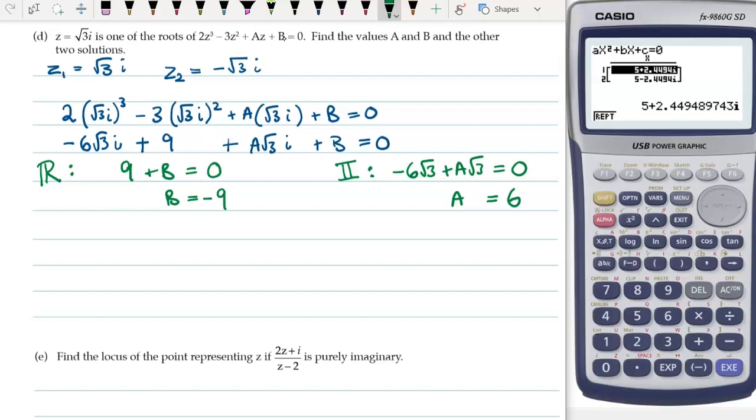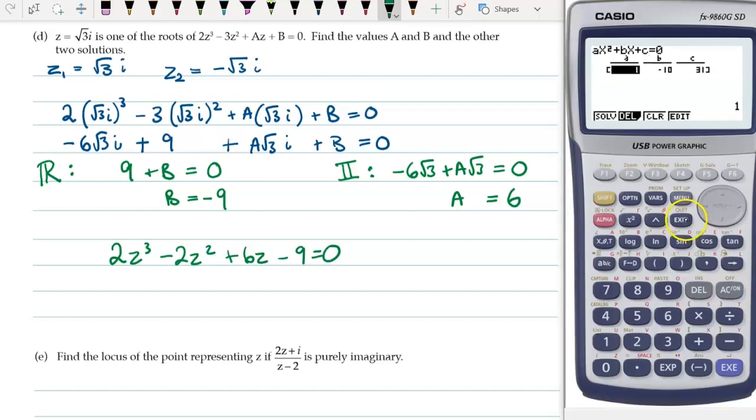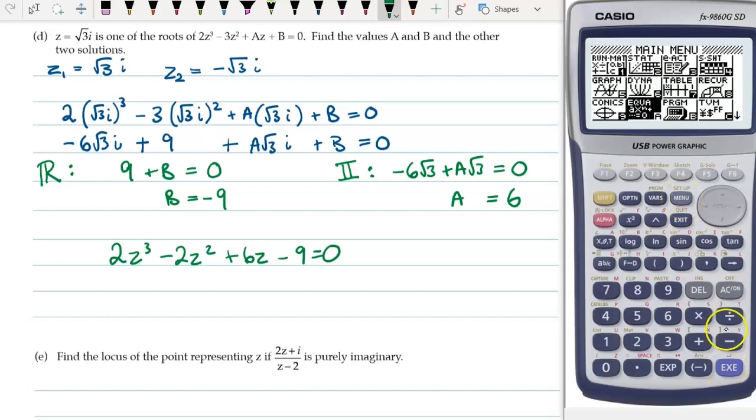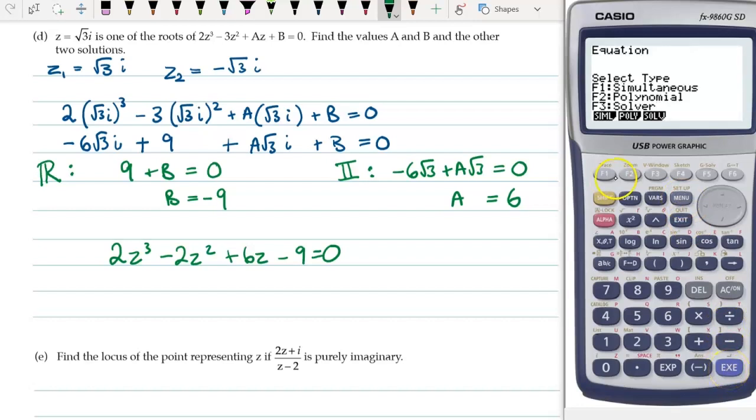Okay, now the final solution. If we pop this into our expression, 2z cubed minus 2z squared, a was 6, b is minus 9, and then head on over to our equation solver. Just back to here, so we're in equation solver, doing a polynomial with degree 3.